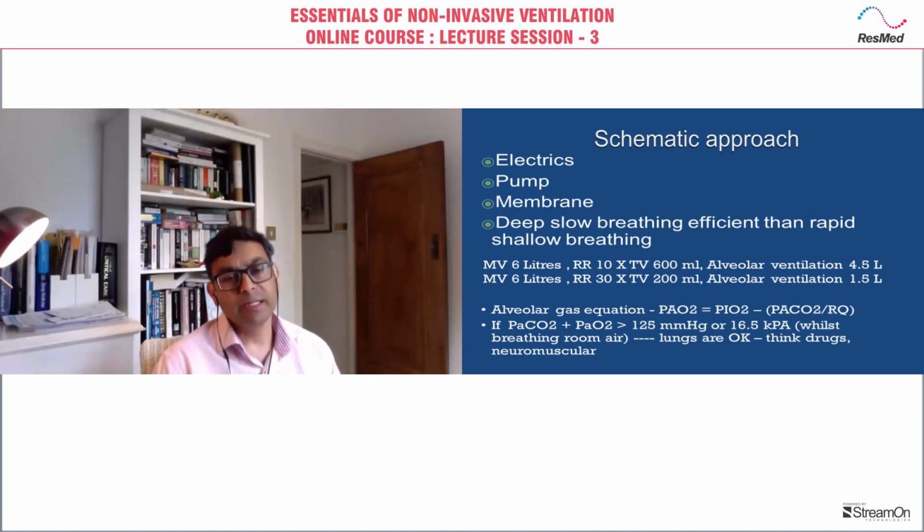Another person is doing 6 liters of minute ventilation but with a respiratory rate of 30. So each tidal volume is 200 mL. Dead space wouldn't change, it would still be 150 mL. So alveolar ventilation is just 50 mL per breath, so really ineffective. Therefore, total alveolar ventilation per minute is 1.5 liters.